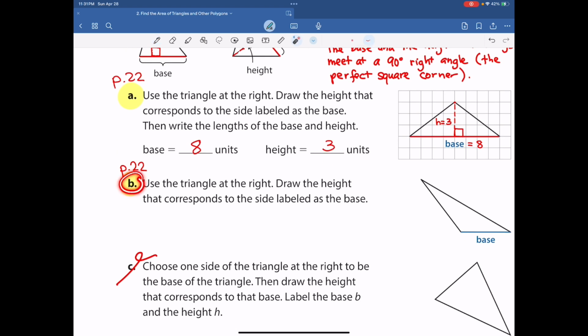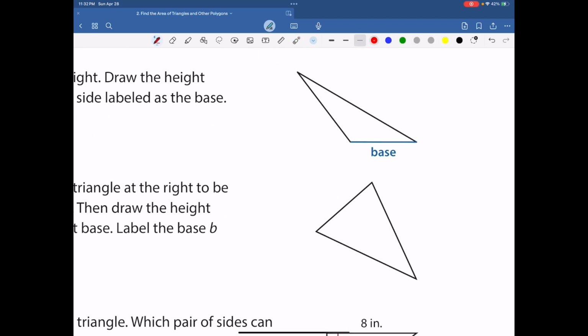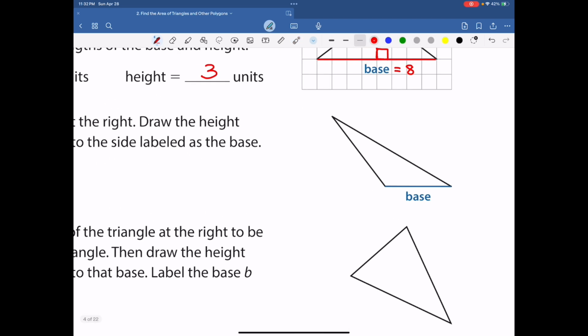Letter B. Use a triangle at the right. Draw the height that corresponds to the side labeled as the base. So here we have the base. And to make this easier, let's go ahead and extend the base with a dotted line. So from here, I'll draw a dotted line.